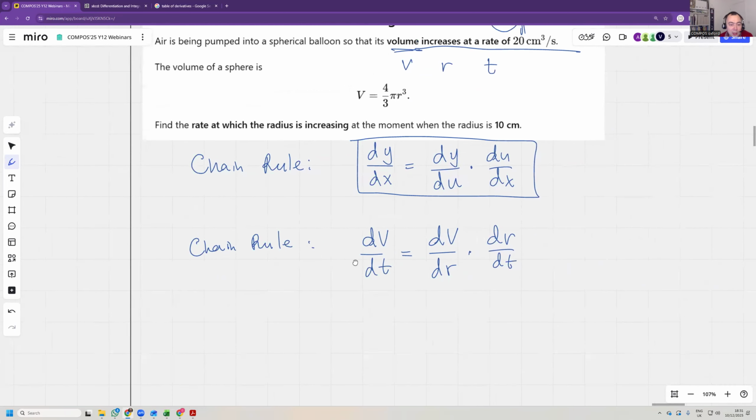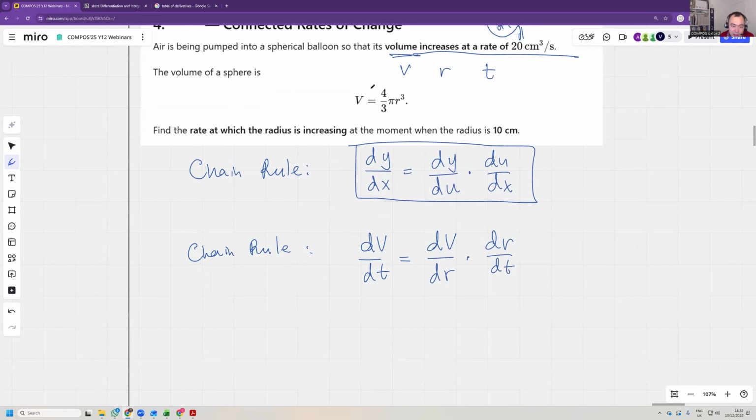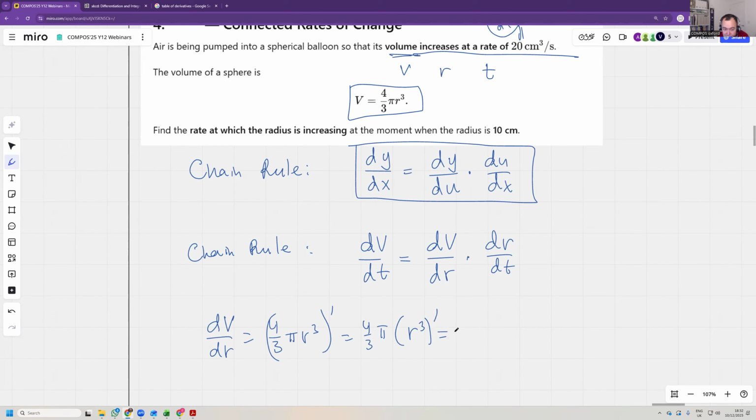Now, we need to find the derivative of V, so dV/dr. We just differentiate this. It's 4/3 pi r cubed, and the derivative of r cubed is 3r squared, so 4/3 pi multiplied by 3r squared. The 3 cancels, and it's 4 pi r squared.